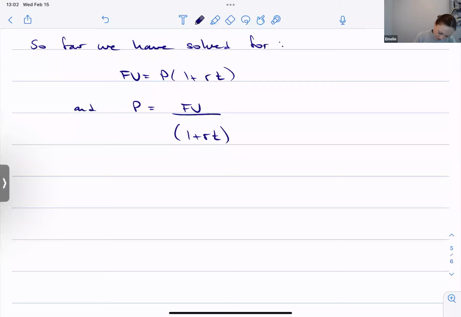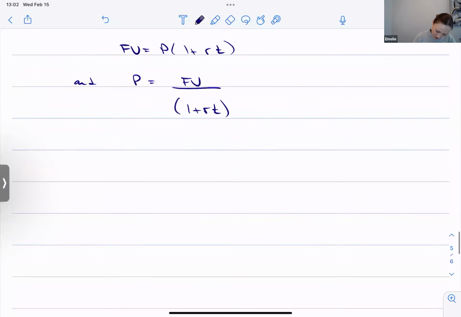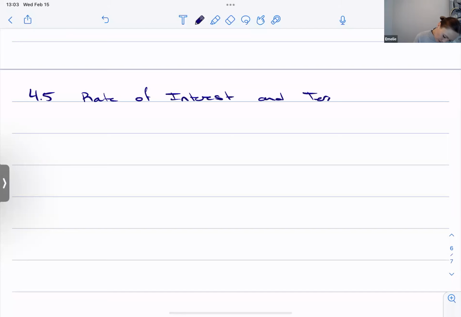But so 4.5, section 4.5, should I put it on the first page? Sure. Why not? Is on the rate of interest and the term of investments.